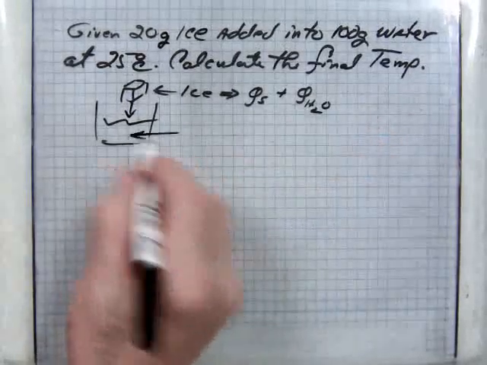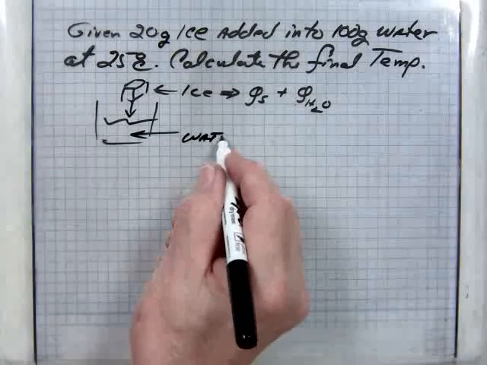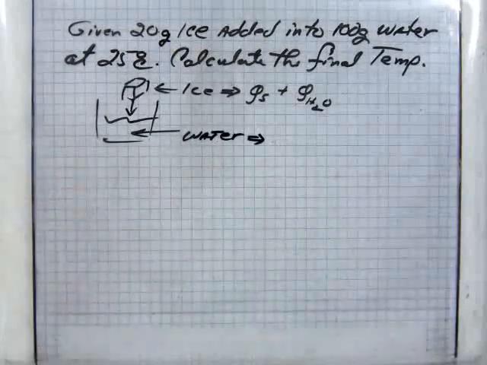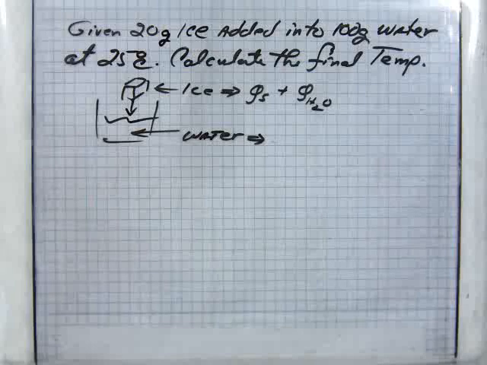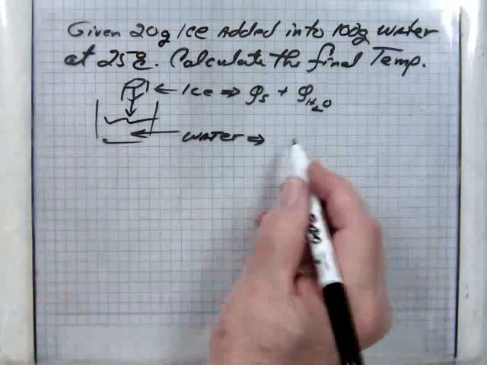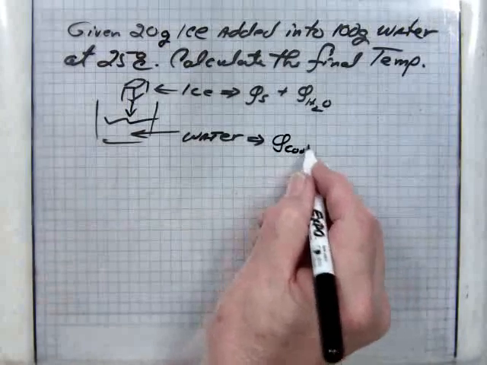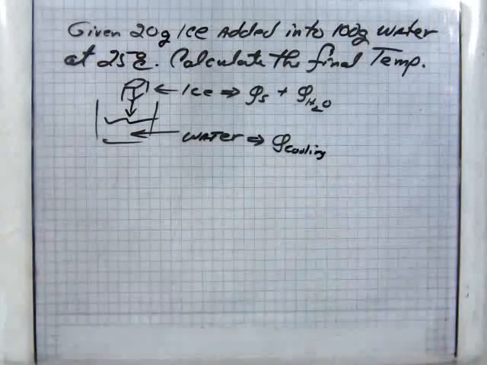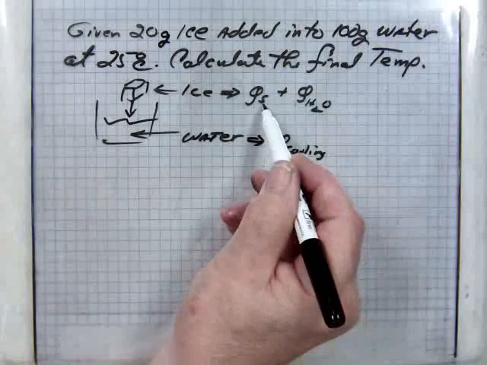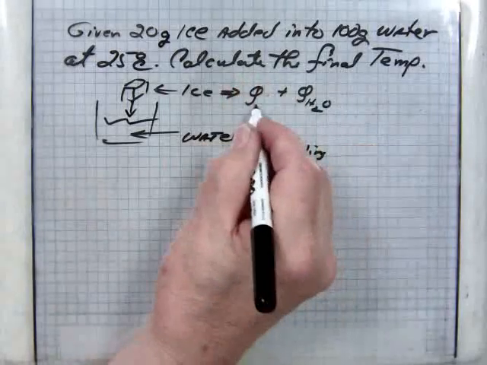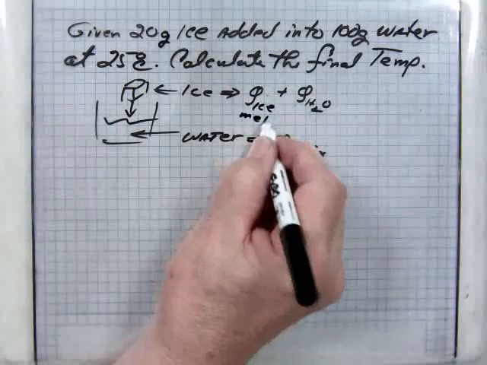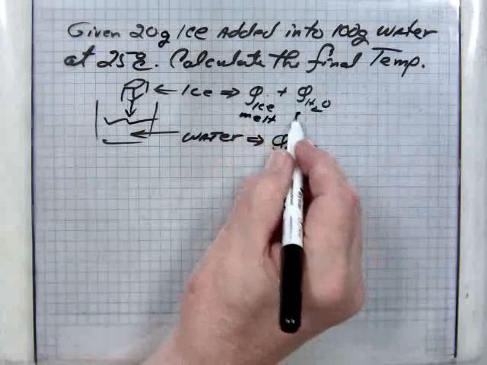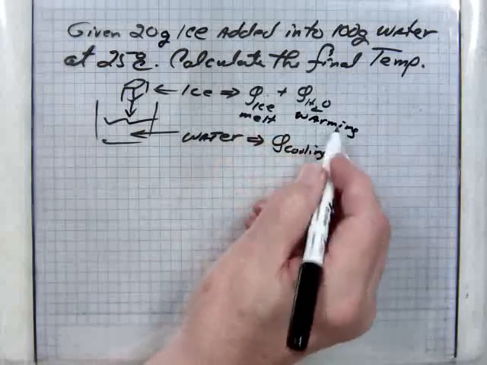And down here you have water, the solvent water, and that's strictly one phase, cooling to wherever the ice takes it. So that's a Q cooling. And so you have the ice, the melting, and this is warming the ice water.